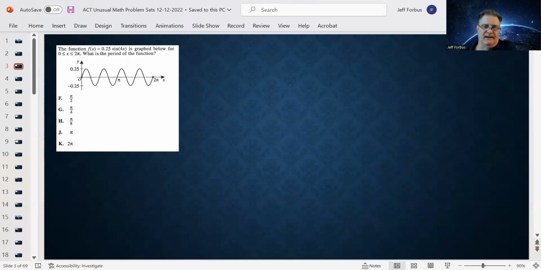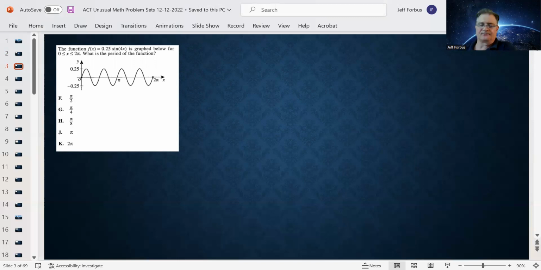It tells us that x is between 0 and 2 pi. That's just a definition, don't worry about it. It just means we can't go out of 2 pi with this particular graph. We can't extend it further, in other words.